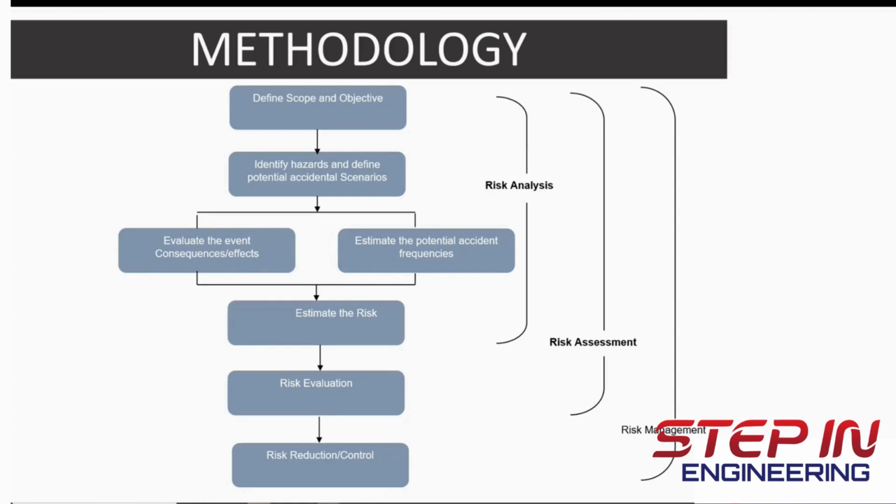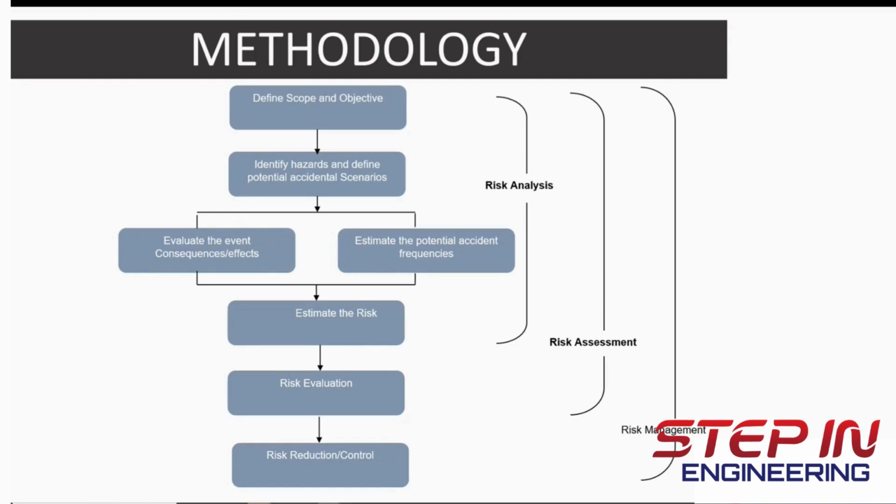If your risk is at the ALARP level, what is ALARP? I will explain in later slides. Then we will give some mitigation to bring down the risk. At an unacceptable level, either you have to drop the project or you can give suitable mitigation measures in order to bring the risk down to ALARP or acceptable. So this entire process is called risk assessment.